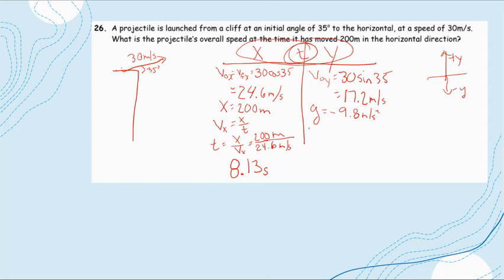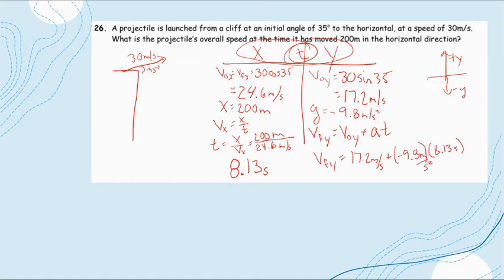So I use my equation V final Y equals V initial Y plus acceleration times time. So in this case, my V final Y is equal to 17.2 meters per second. Remember, that's positive, it's going up, plus negative 9.8 times a whopping 8.13 seconds. That's crazy. Okay, that's a long time.